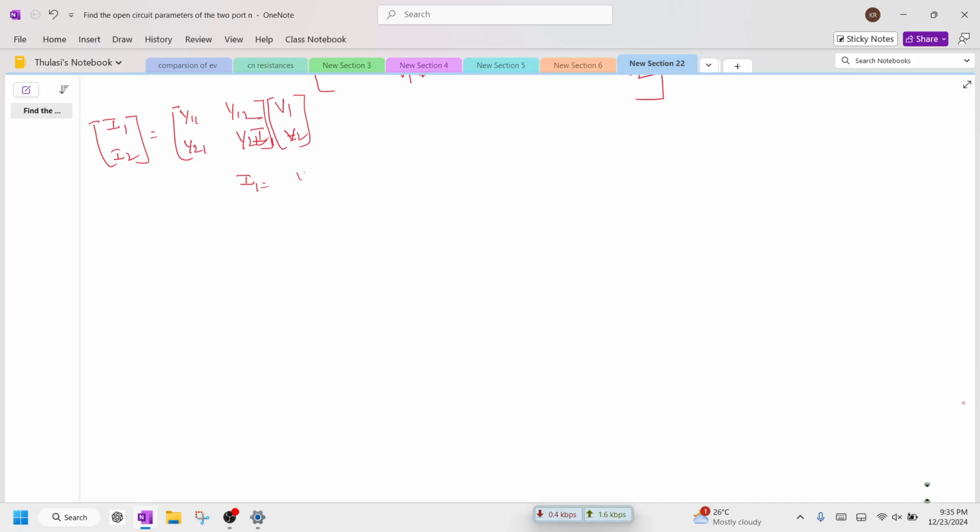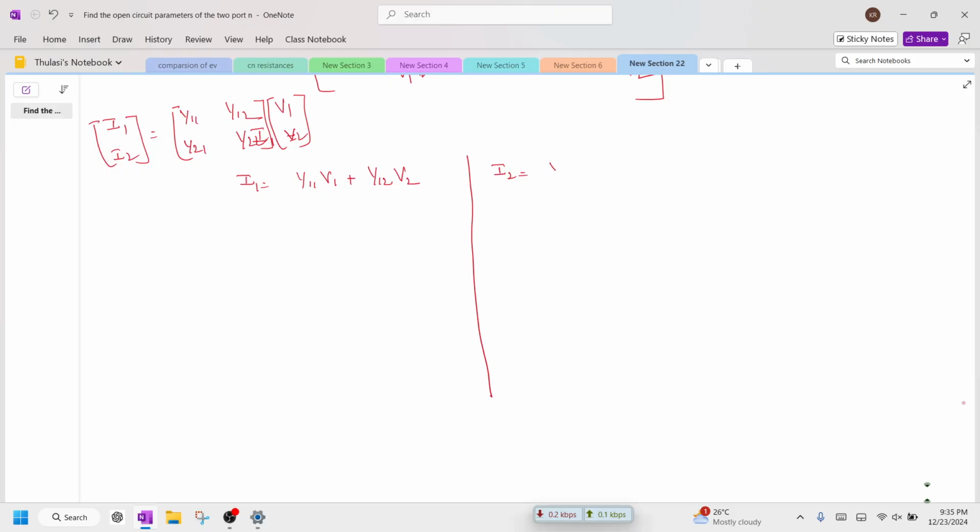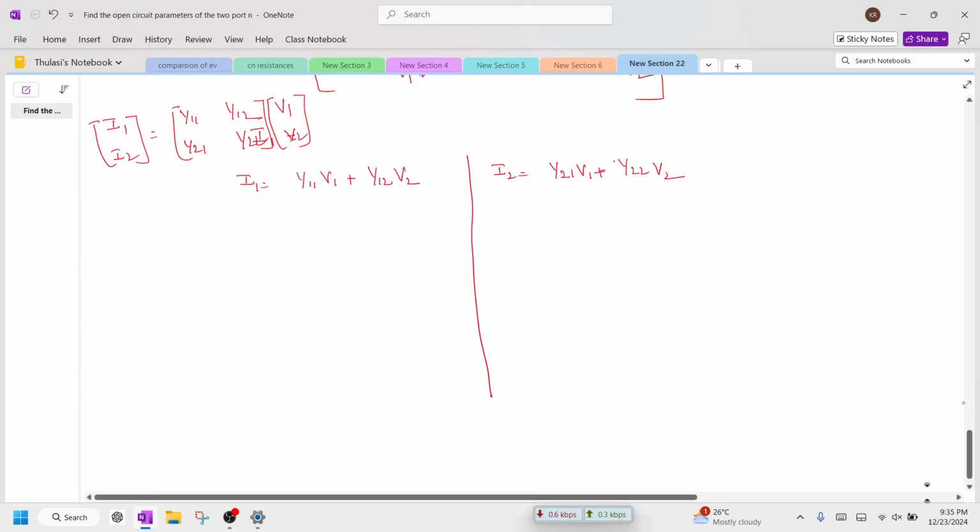I1 is equal to Y11 V1 plus Y12 V2 is one equation. Next equation is I2 is equal to Y21 V1 plus Y22 V2.